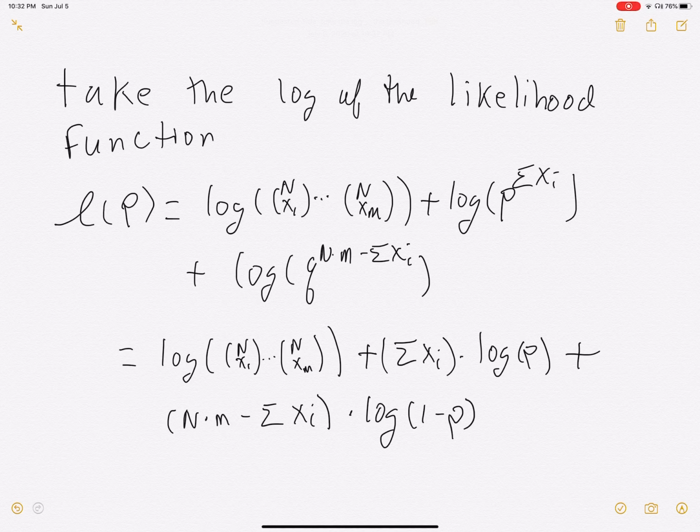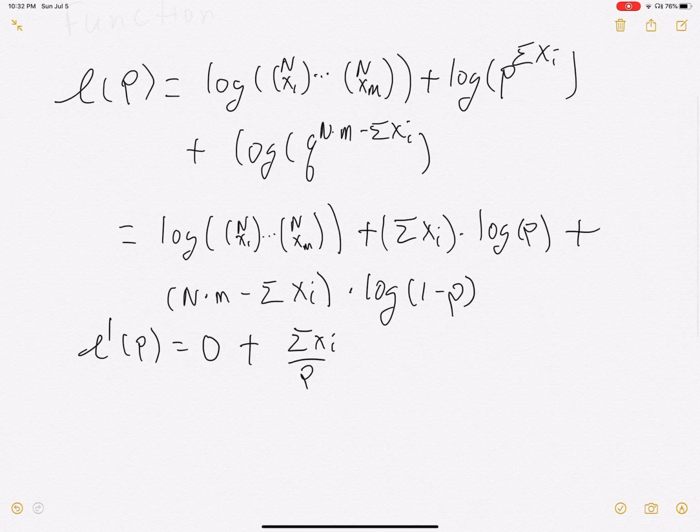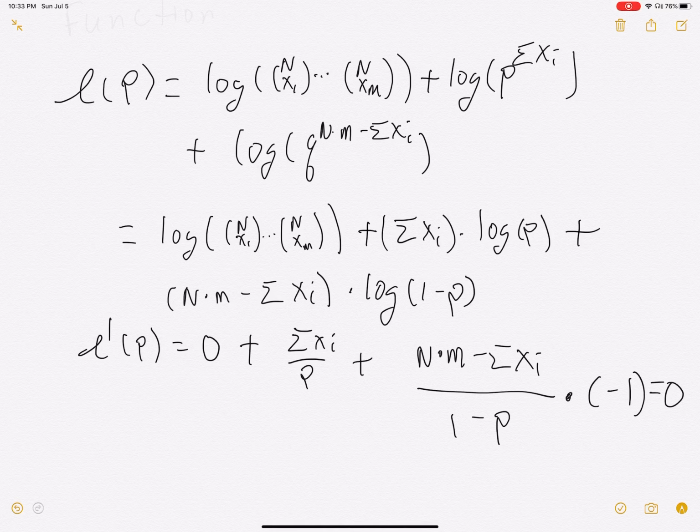So we're going to get l prime of p is going to be 0 for that first term, plus summation of x sub i over p, plus n times m minus summation of x sub i times the derivative of 1 minus p, which is that times a negative 1. And we're going to set that equal to 0 since we want to maximize the likelihood.